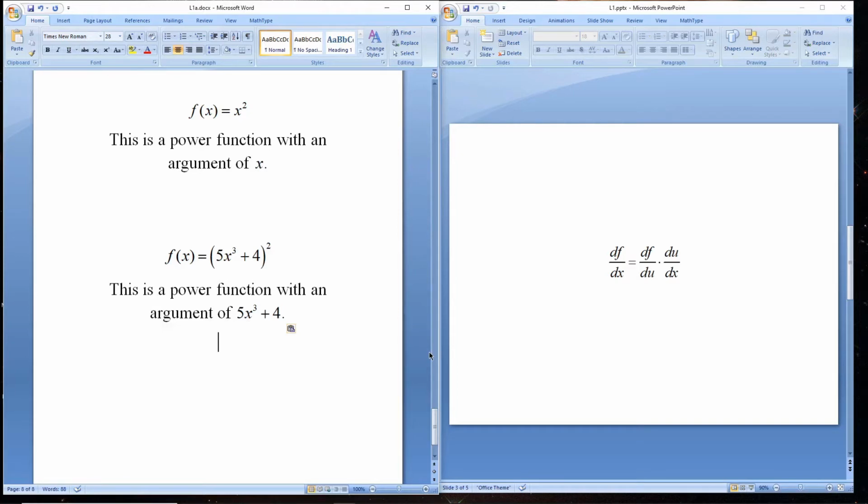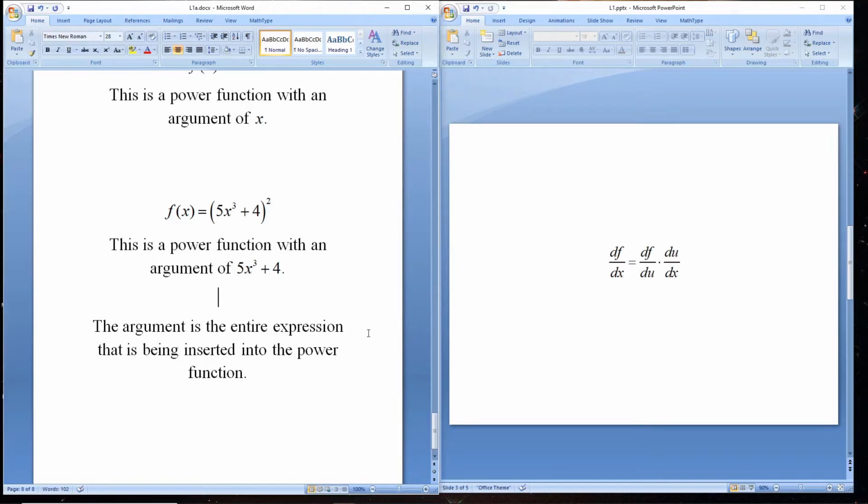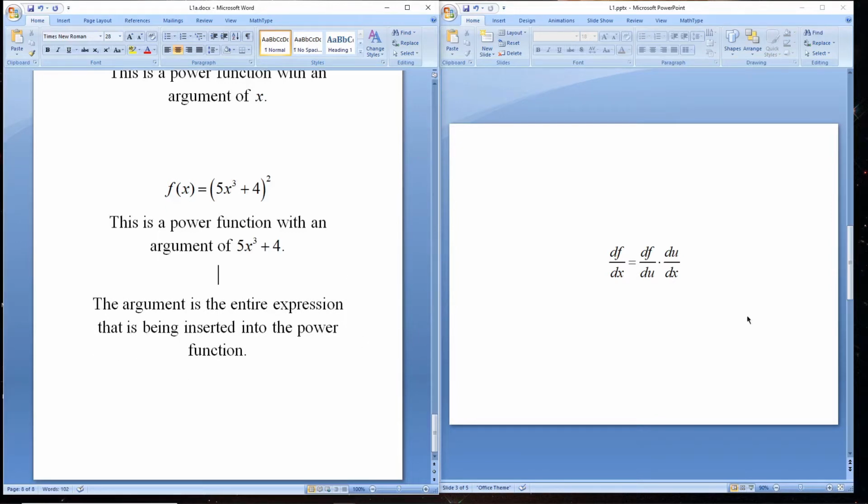The argument is the entire expression that's being inserted into the function. In this case, that's a power function.